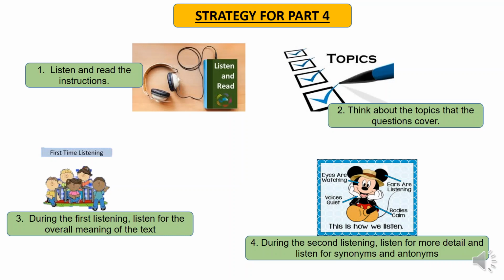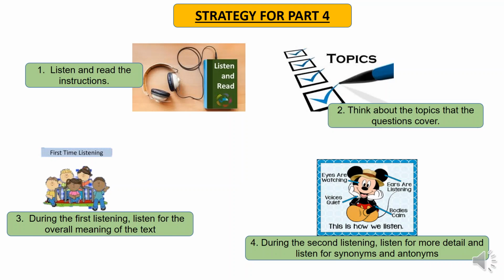During the first listening, listen for the overall meaning of the text and choose the best answers for the questions. When you have answered a question, quickly read the next question to remind yourself of the topic.